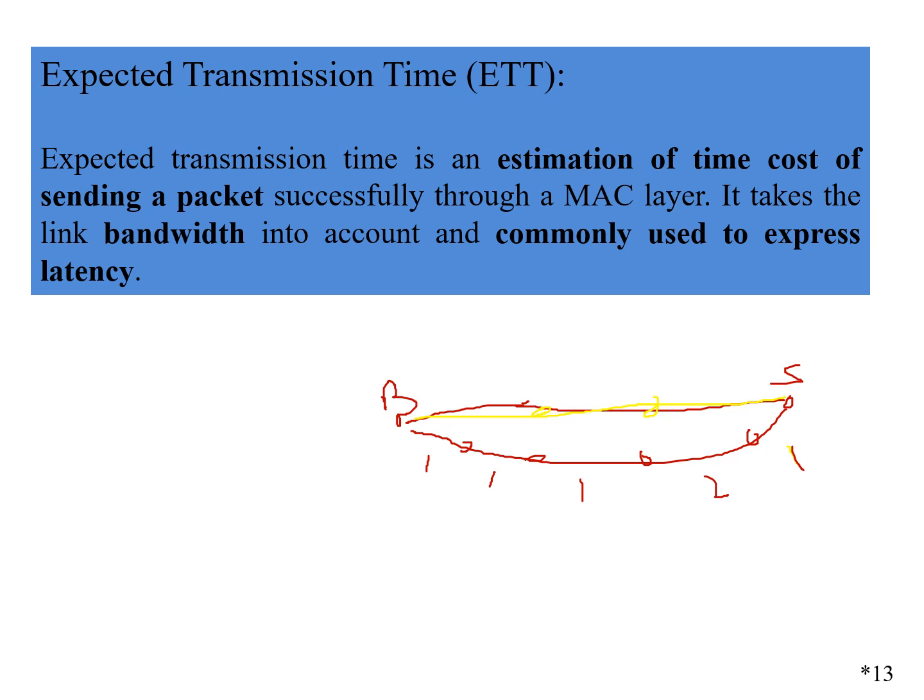So the whole expected transmission time would be 2, 1, 3, 4, 5, 6 seconds, and we're just assuming that it takes 3 seconds, 3 seconds, and 4 seconds. This would be like 10 seconds. So which path would be the best if we have expected transmission time as a metric? Then obviously this path would be the best to select to send our data.